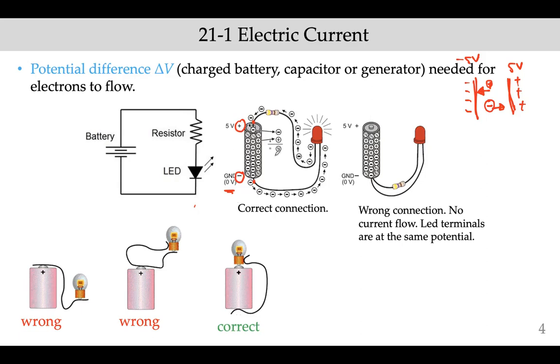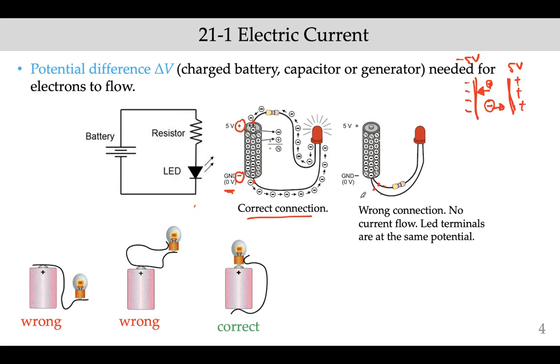Now, what I showed here is a correct connection. But if you connect both ends of the wire to the same pole of the battery, what happens? Both of them are connected to the same pole, so these two terminals of the wire are at the same potential.